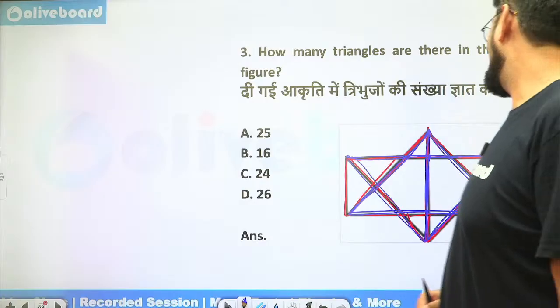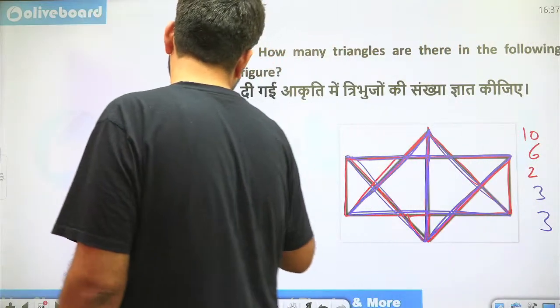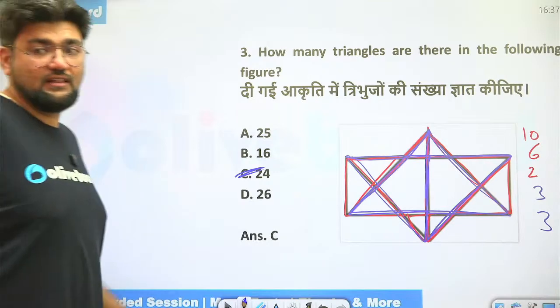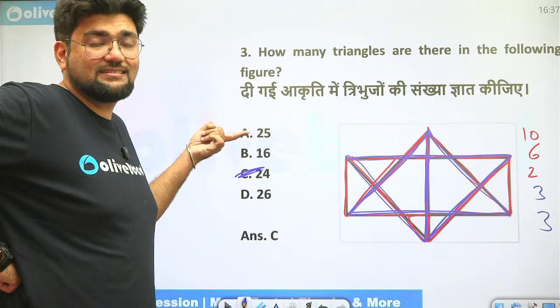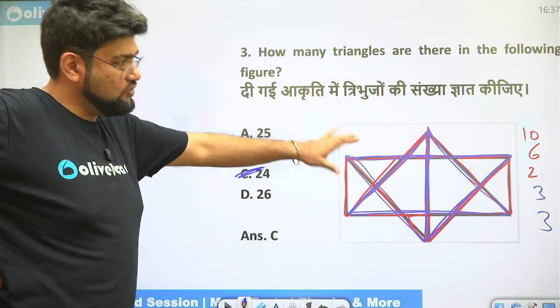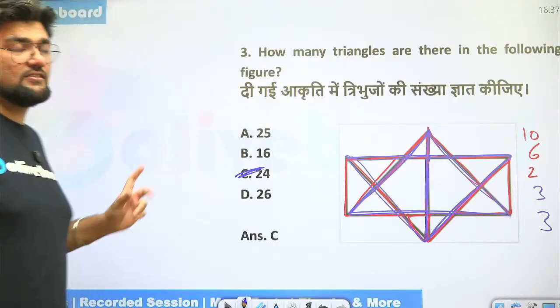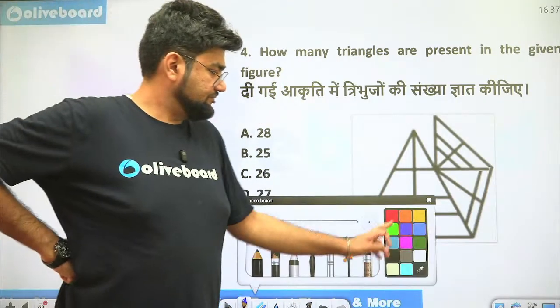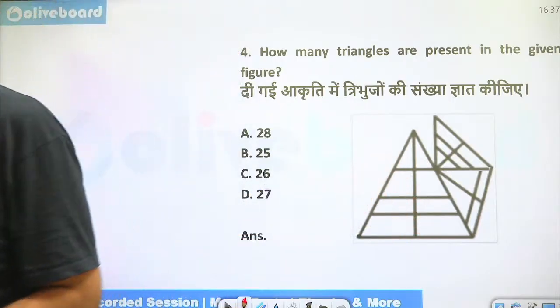So what is the answer now? 6, 6, 12, 14, and 10, 24. Option C is the correct answer. Now, after getting 24 triangles, some of you will feel, wait, am I counting a triangle less? Maybe it's 25. Then again, you will spend some time here. So you have to master this concept so that you have the confidence that you have counted it correctly. This one is pretty easy. You will be able to figure it out very quickly.